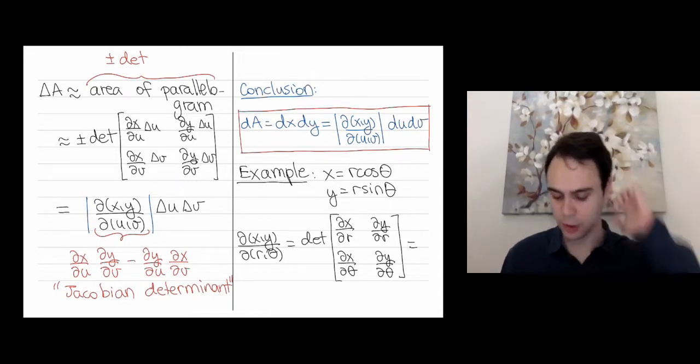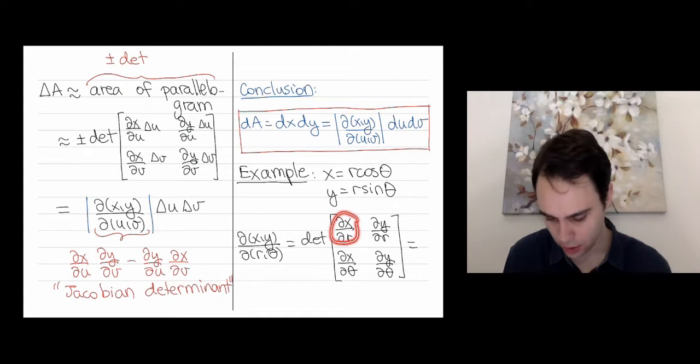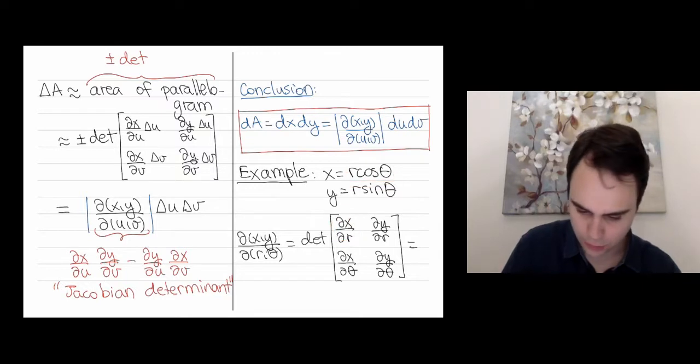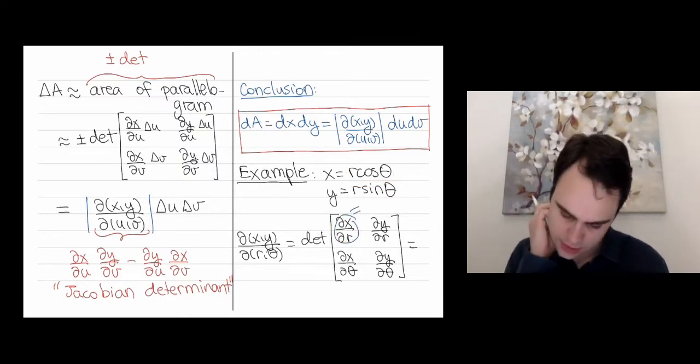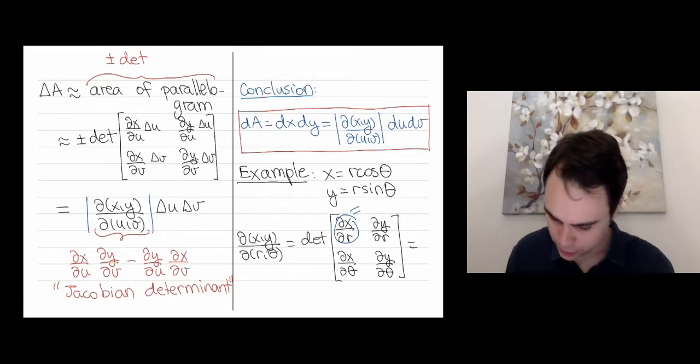We have to compute these partials. So dx/dr, in this case x is r cosine theta, so if I take the r partial here, I'm just left with cosine theta.